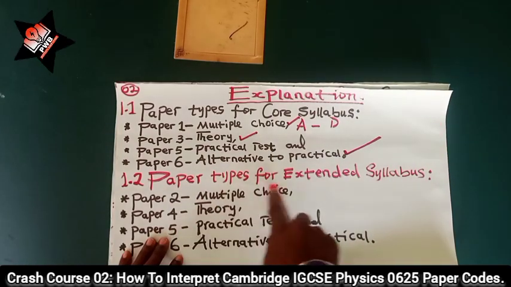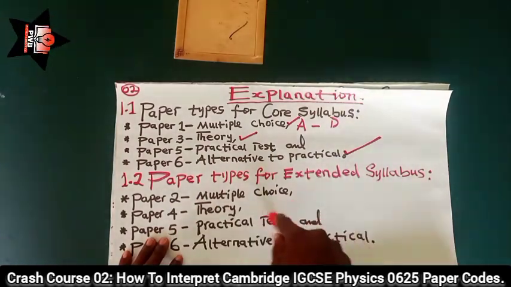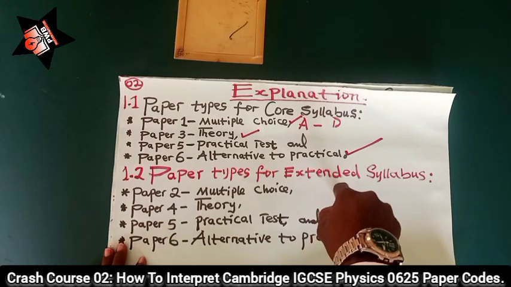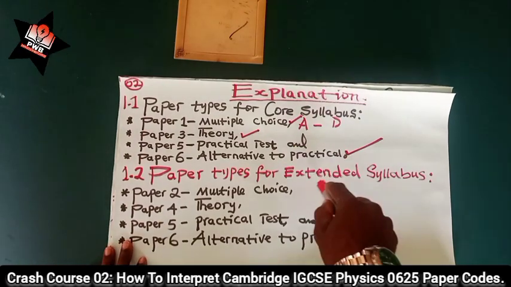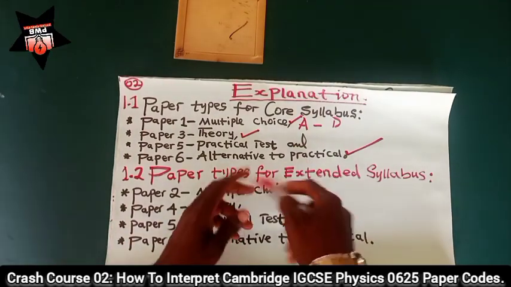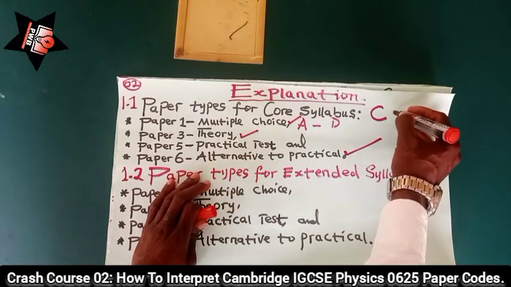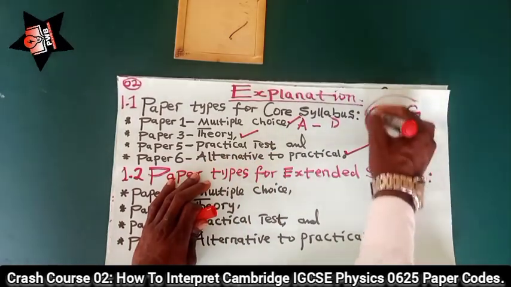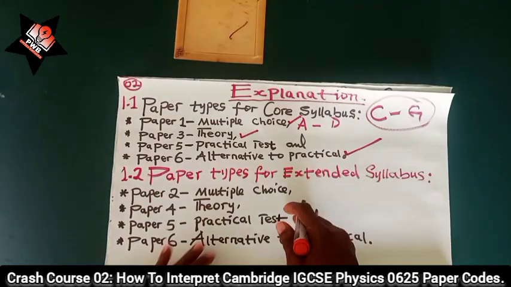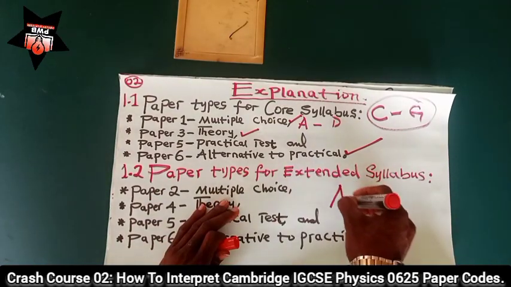The paper types for extended syllabus. The extended syllabus, the difficulty level is higher than the core syllabus. And the highest grade you are going to get in core, don't forget, is a grade C. Grade C down to grade G. These are the grades you get there. Here, the highest grade is an A star.